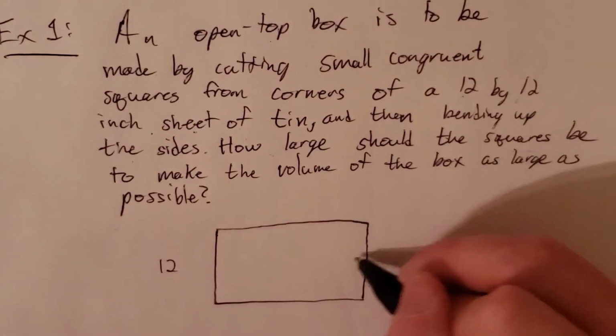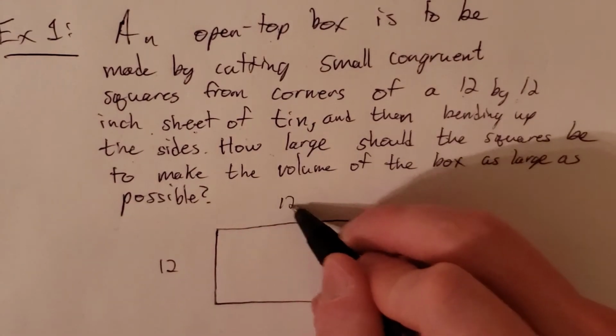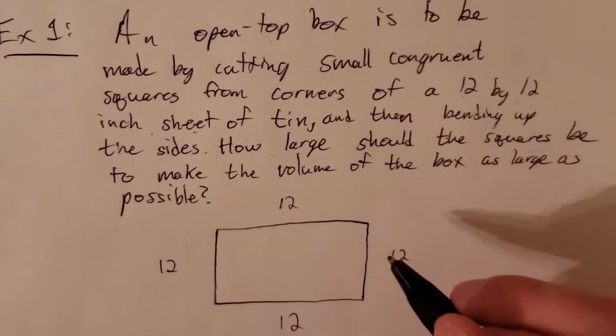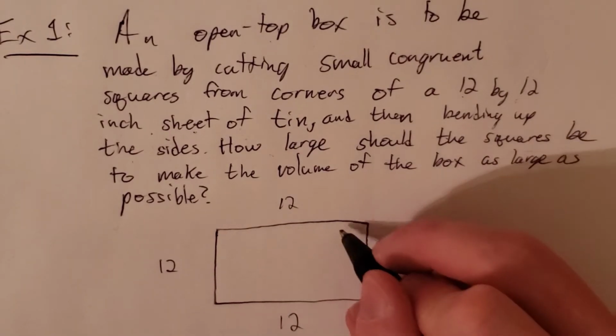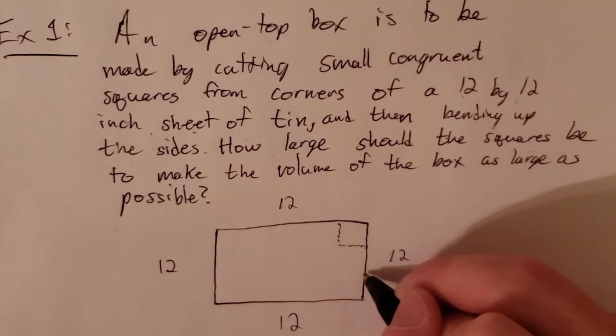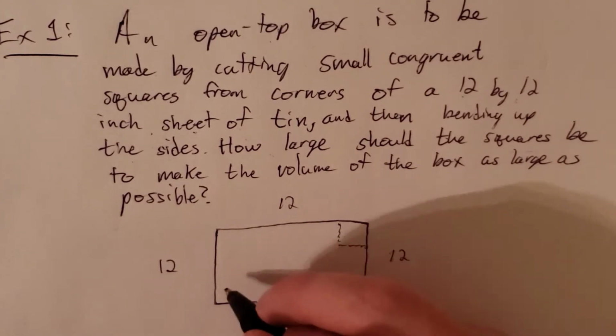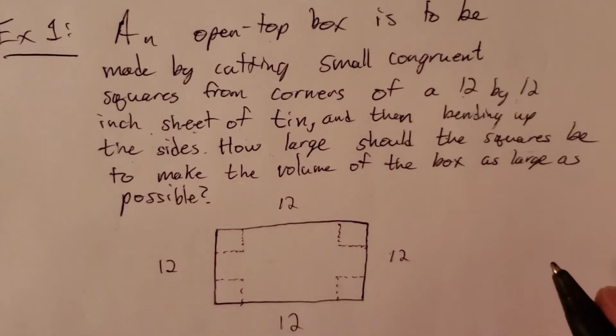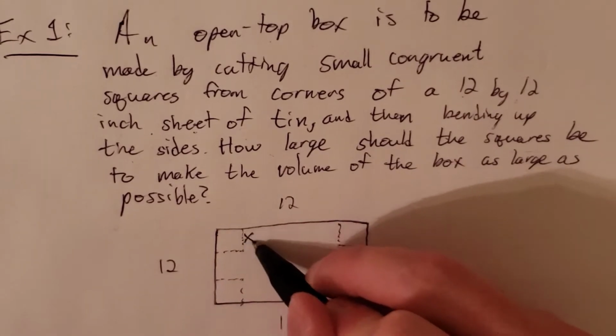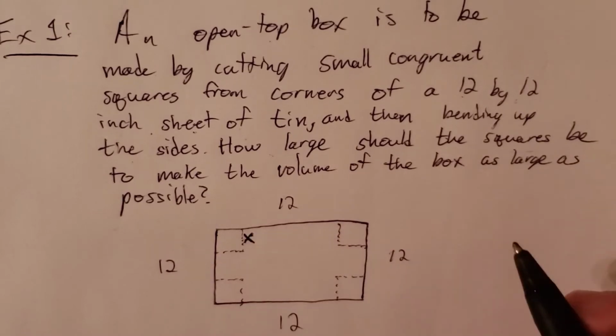So we have a 12 by 12 sheet of tin here. We're going to be cutting out small congruent squares from the corners. So we're going to be cutting out pieces here and here. How large are those pieces? We don't know yet. Maybe we should call them x.